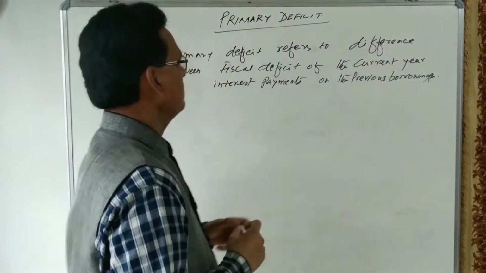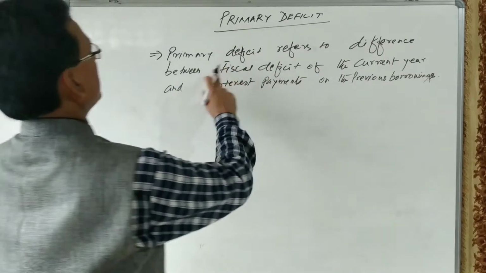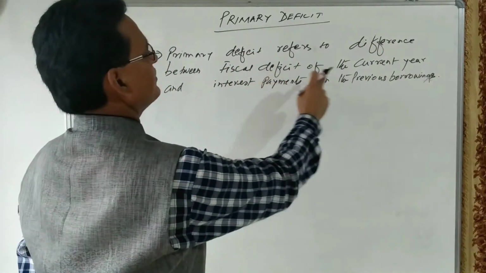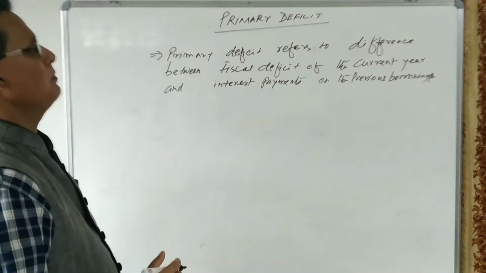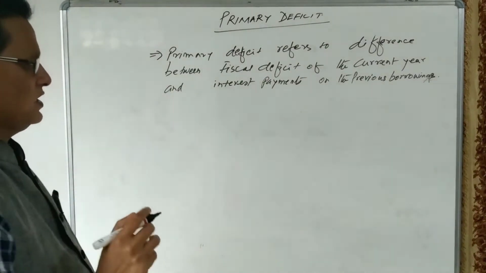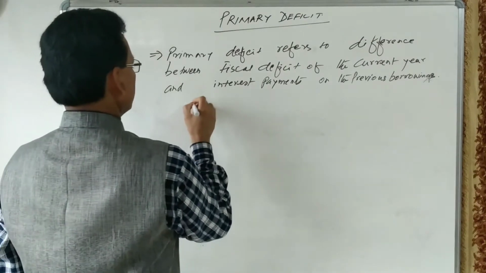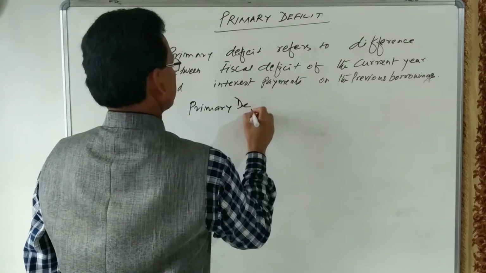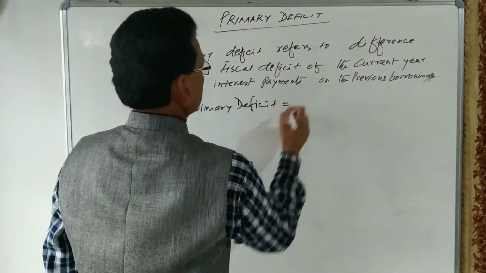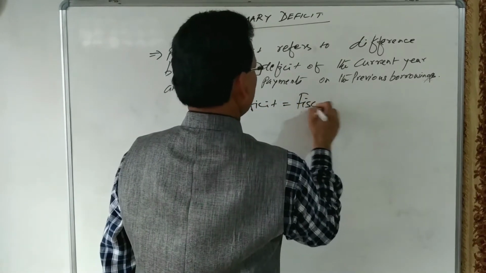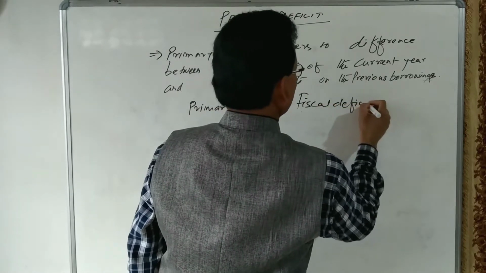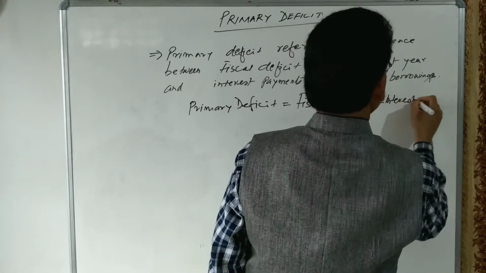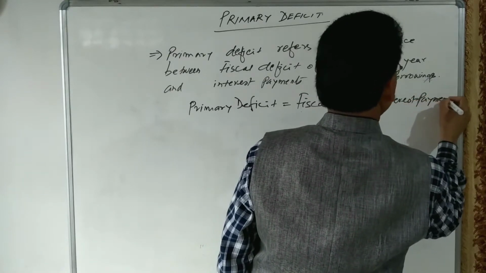Primary deficit refers to the difference between the fiscal deficit of the current year and the interest payments on the previous borrowings. So primary deficit is equal to fiscal deficit minus interest payments.